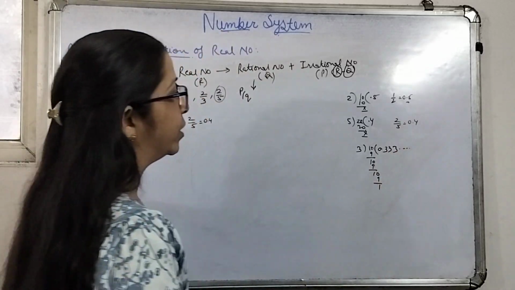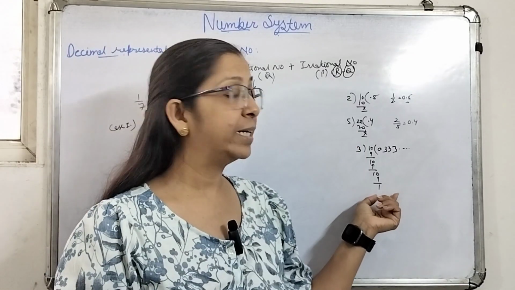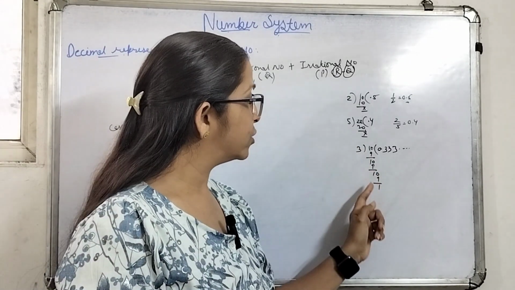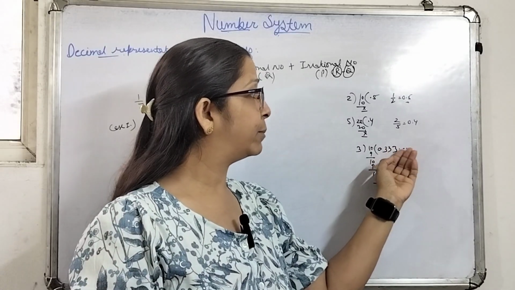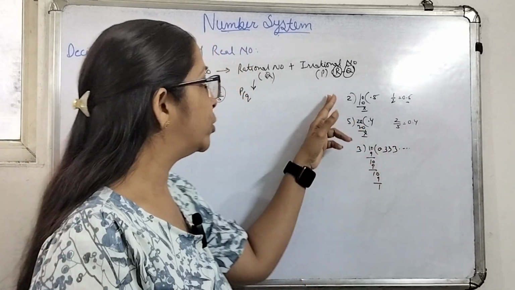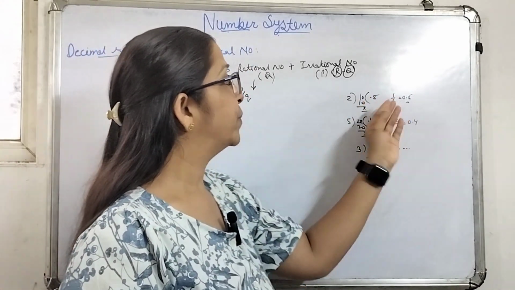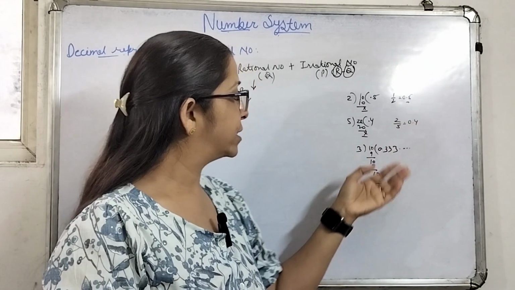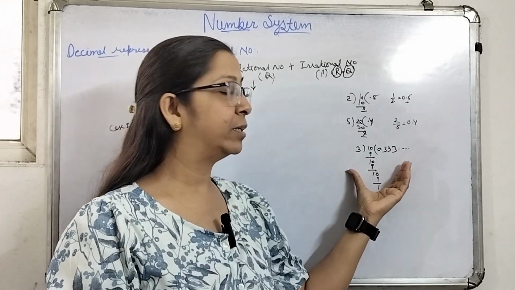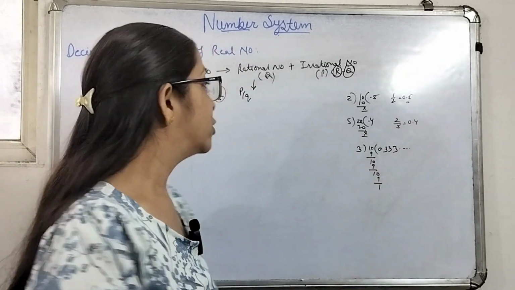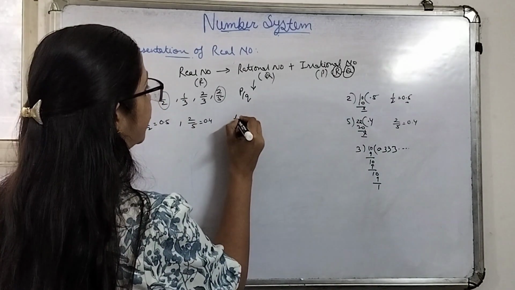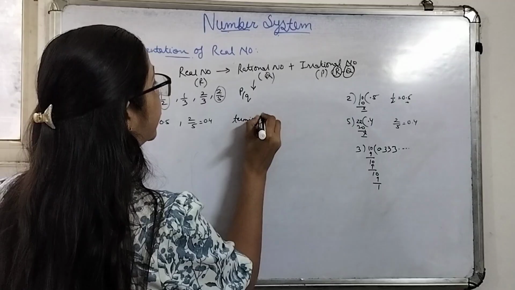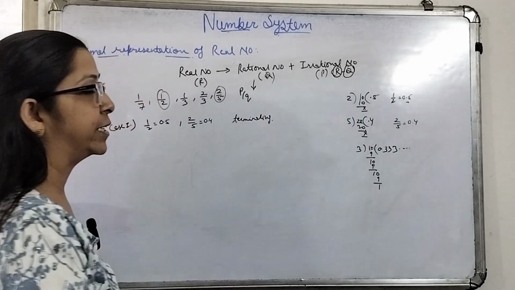What we can see over here is that your remainder is coming the same again and again, and because of that your number is repeating again and again. So two types of cases are there: when your remainder comes to an end, and when your remainder never ever comes to an end. The first condition, when your remainder comes to an end, these decimal representations are known as terminating decimal representation.